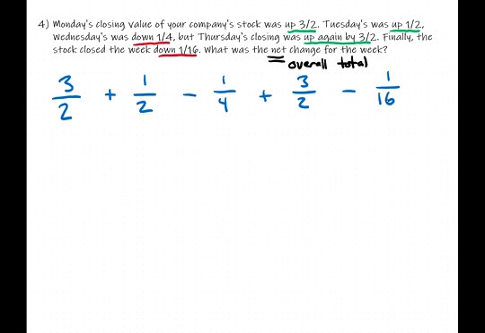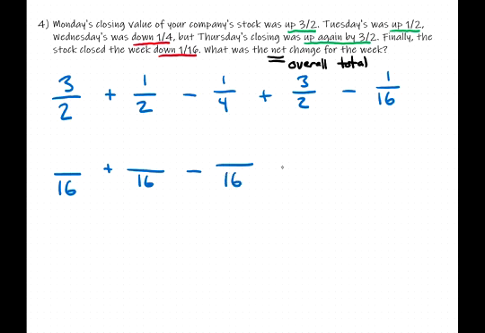In this case, 16 looks like it would be the common denominator. The reason is because 2 goes into 16 8 times, 4 goes into 16 4 times, and 16 goes into 16 1 time. So the 2's, the 4's, and the 16's all divide evenly into 16. So 16 is the least common denominator.